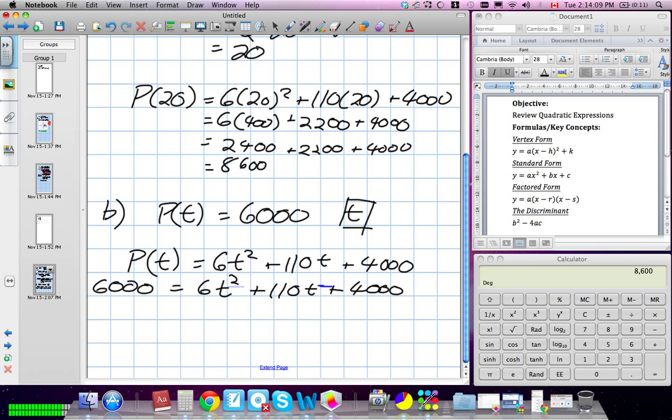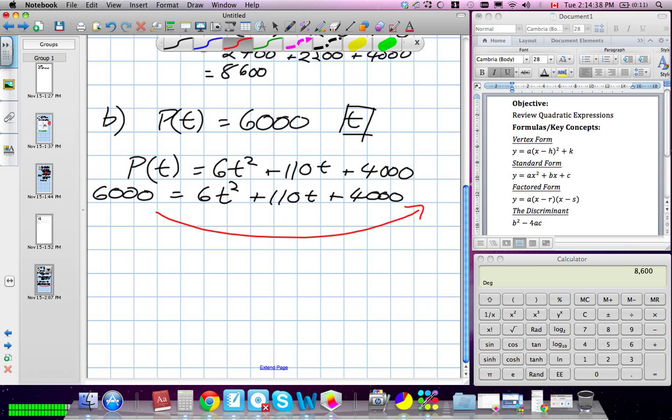All 3 of them will allow us to isolate t. In order for those to work, we have to make sure the equation is equal to 0. So I'm going to move 6,000 over to the other side of the equation. This will be 0 is equal to 6t squared plus 110t minus 2,000. I move 6,000 over, it becomes negative. So I'm going to solve this 3 different ways for you guys.